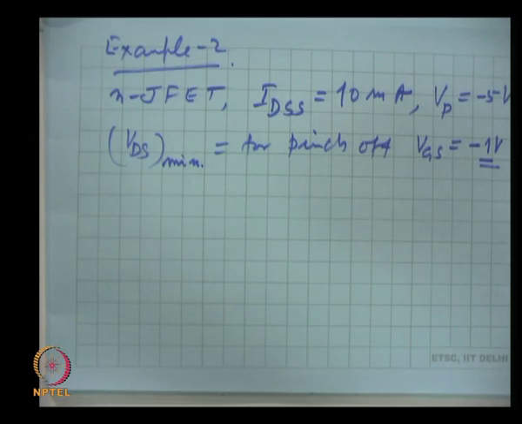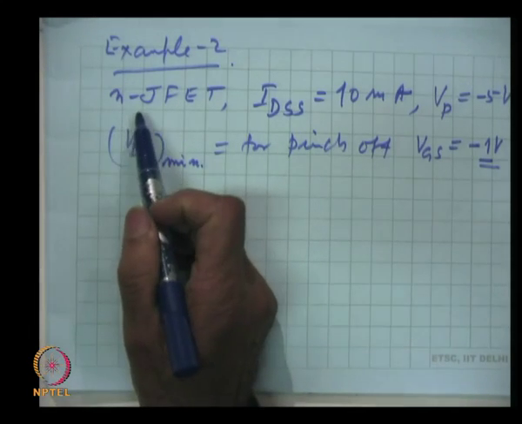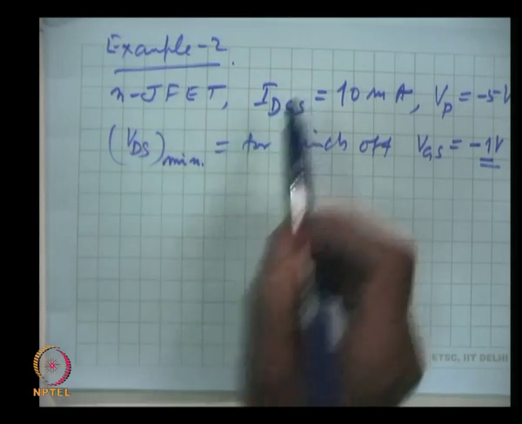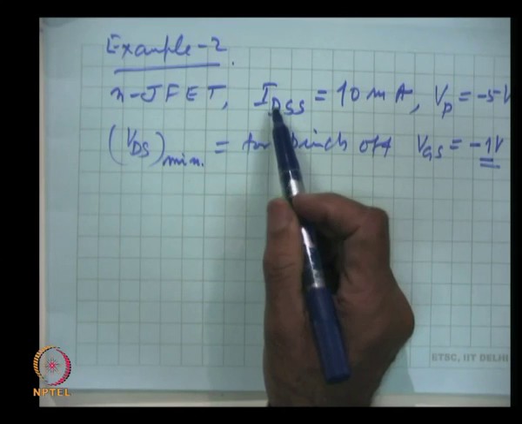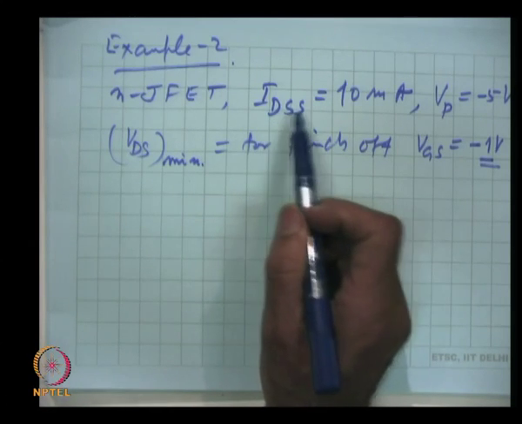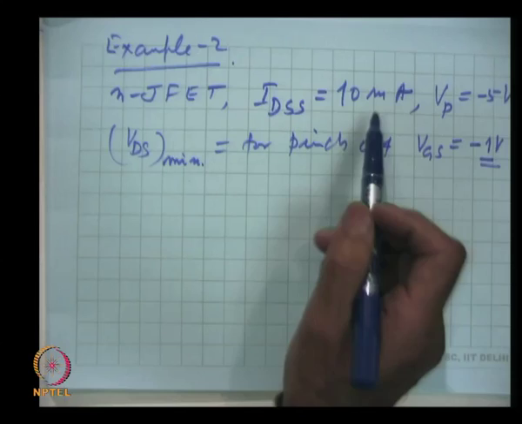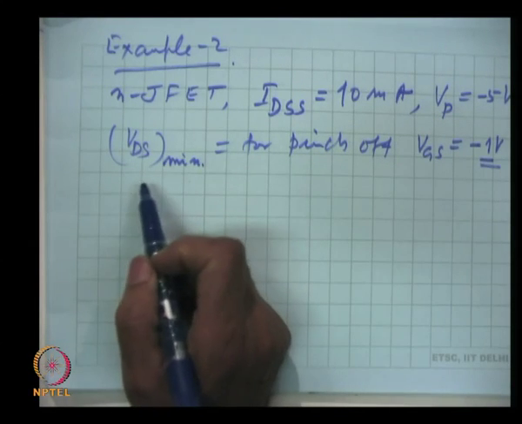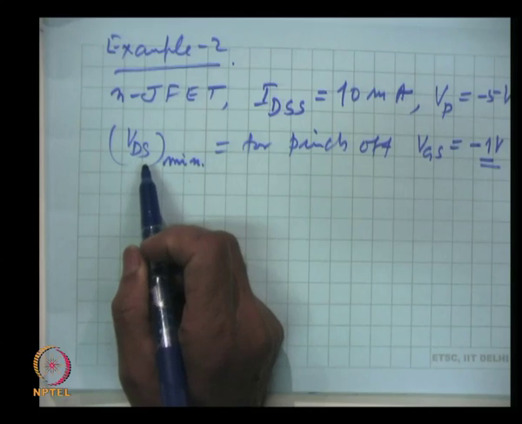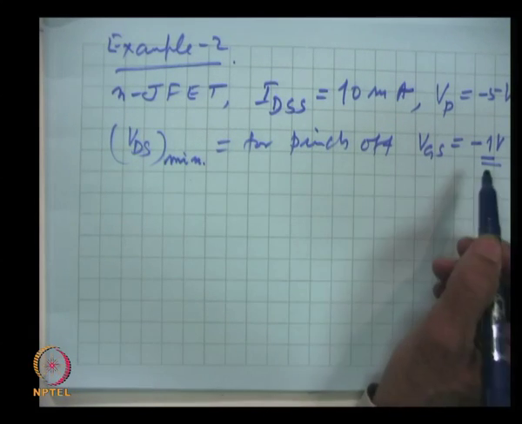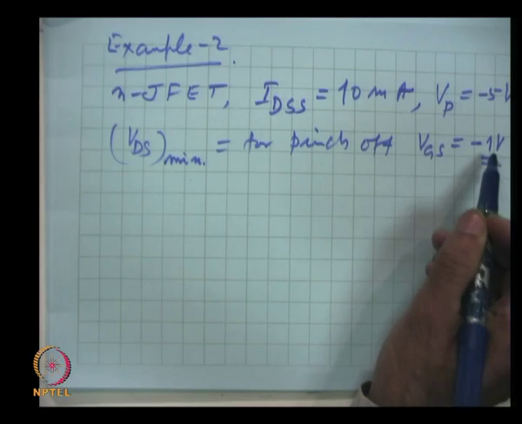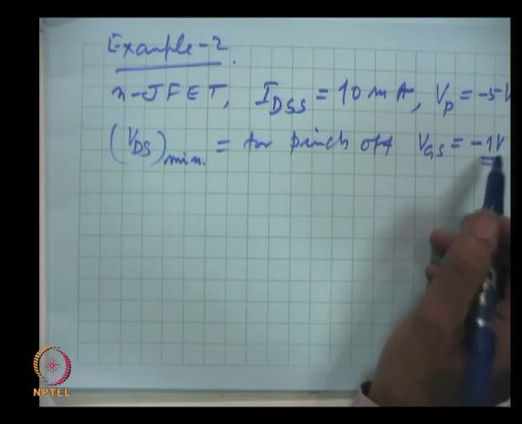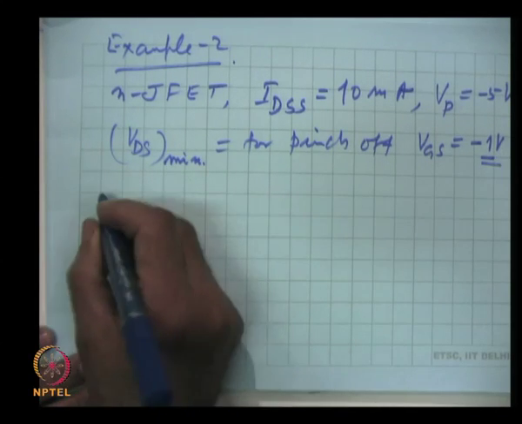I repeat, an N type junction field effect transistor which has the maximum current, the IDSS, as 10 milliampere, the pinch off voltage of minus 5 volts, and we have to find out the minimum value of VDS for pinch off at minus VP.